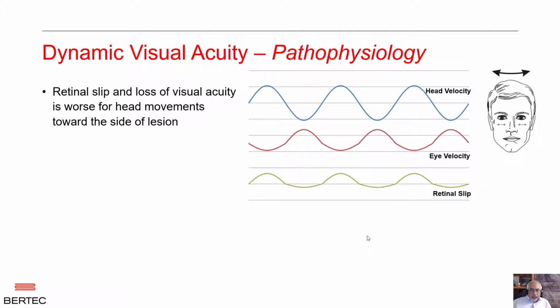This slide shows the difference in the retinal slip for head movements toward and away from the side of lesion. For half of the sinusoid, where the head is moving toward the side of lesion, the retinal slip is larger compared to the other half. As a result, dynamic visual acuity is worse for head movements toward the side of lesion.